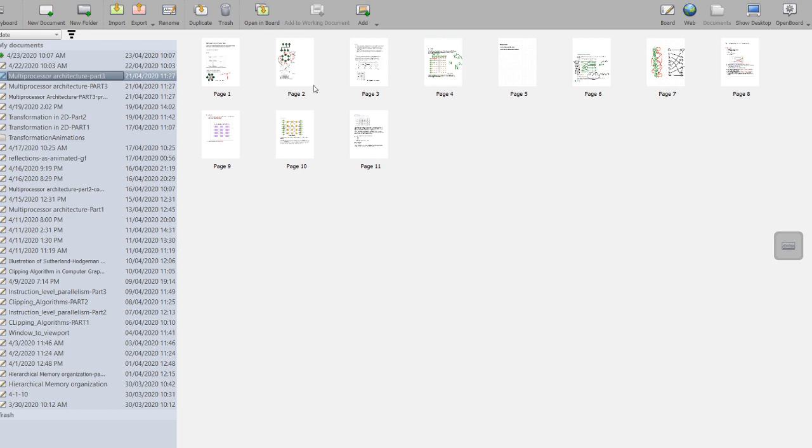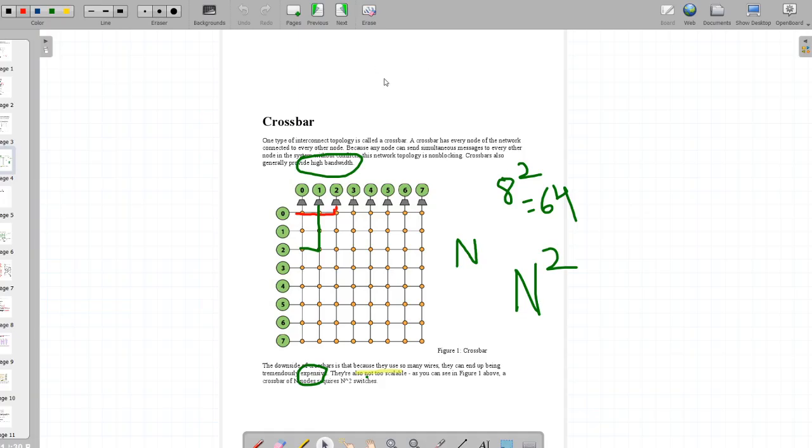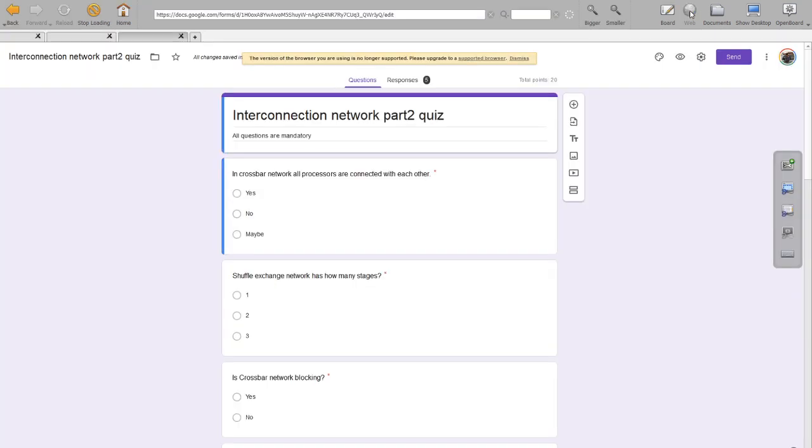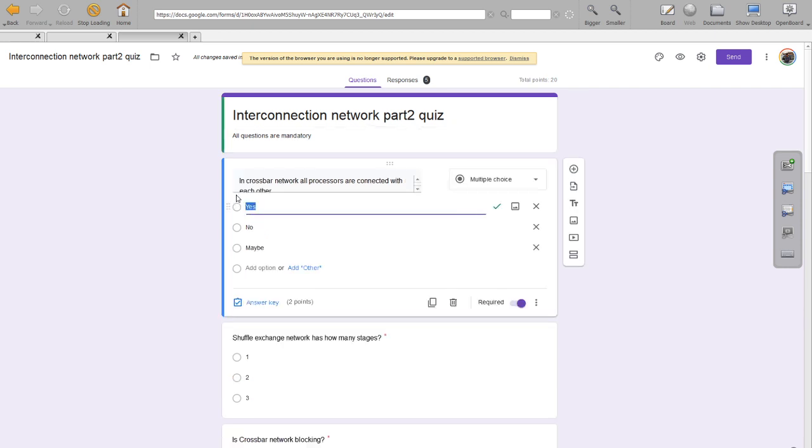If you go back to this diagram, you can find that in crossbar network, actually all processors are connected with each other. You can see that it is here. A crossbar has every node of the network connected to every other node. So the correct answer is yes.